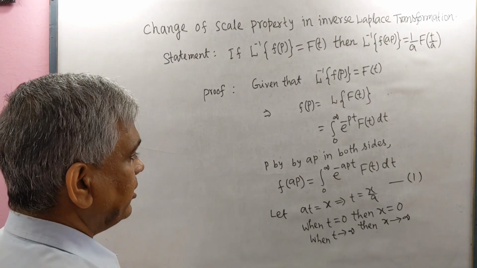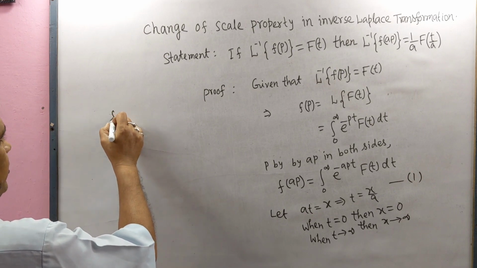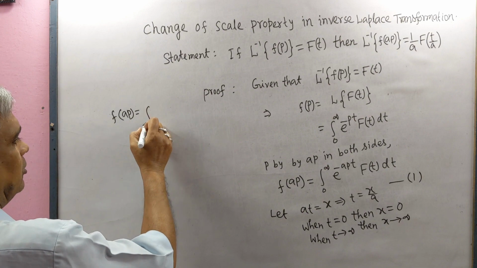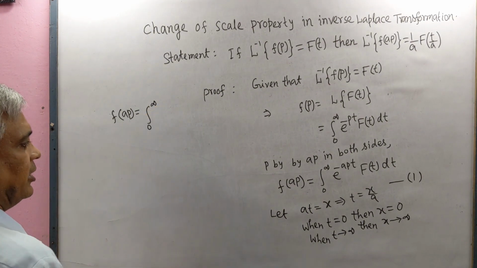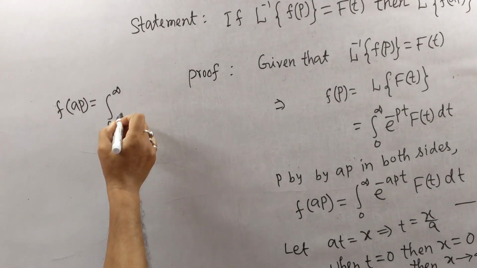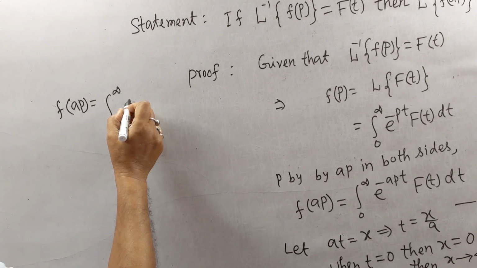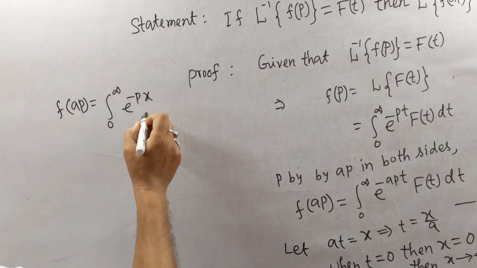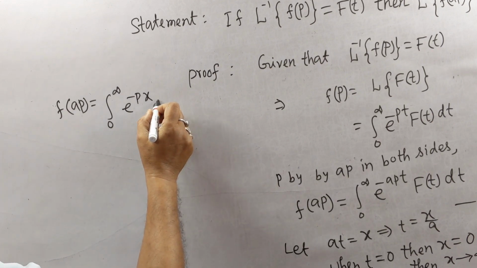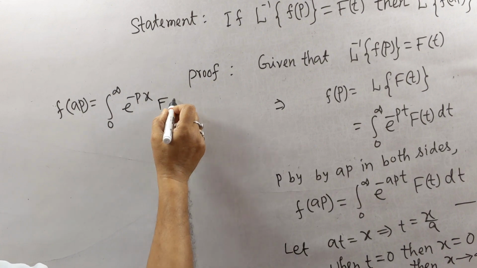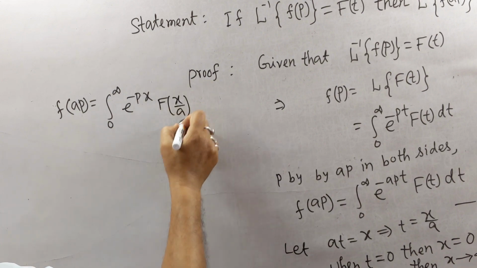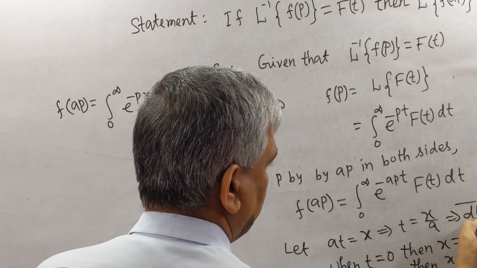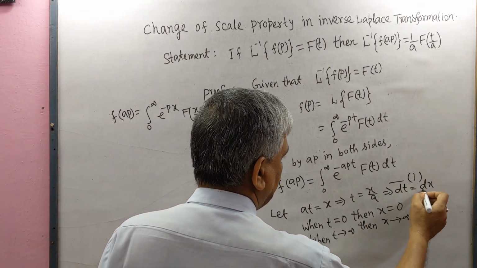Then from 1 we get F(ap) equal to integral from 0 to infinity e to the power minus px f(x by a), here dt equal to dx by a.